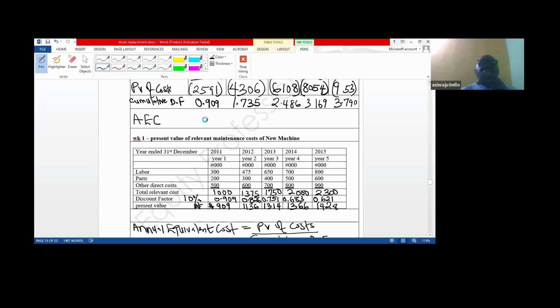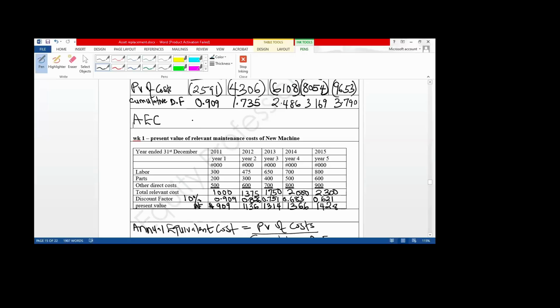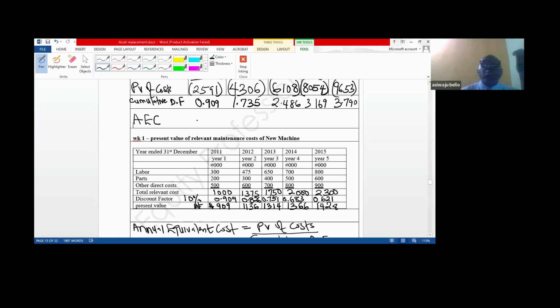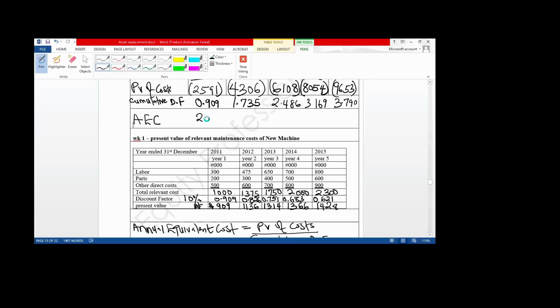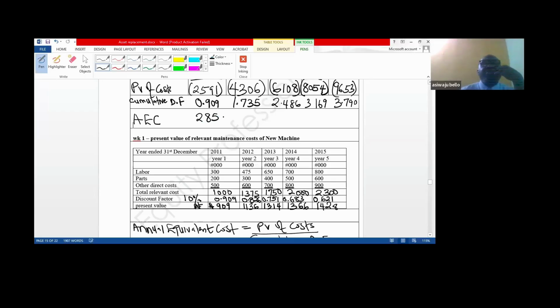What do we have, please? You can ignore the minus. When we say cost, you already know it's in brackets. You can ignore the brackets. Pick 2,591 divided by 0.909. What do you have? 2,850.